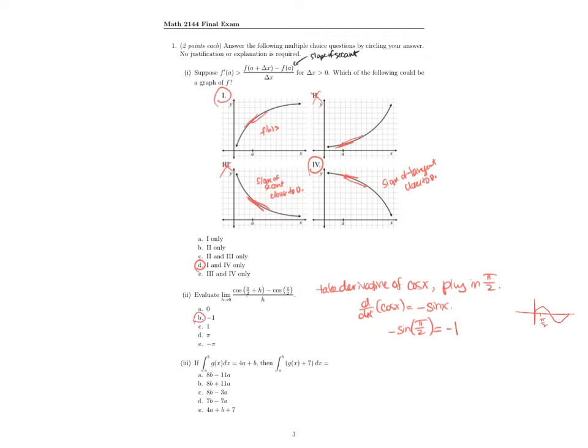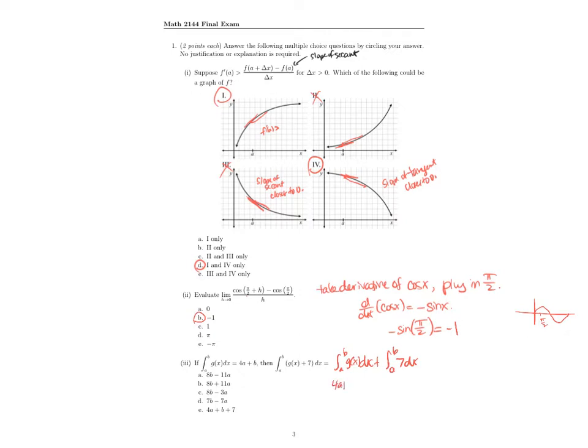So that's B. Then this says if the integral from a to b of g of x is 4a plus b, then the integral of g of x plus 7, well, I can split it up into the integral from a to b of g of x dx plus the integral from a to b of 7 dx. And so this I know, I've already integrated that.